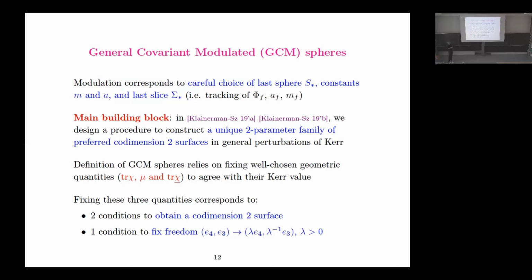For a codimension 2 sphere, you should expect 2 conditions. But there is a third condition which has to do with the specific setting which uses null frames. There is always a freedom: when you have a null frame, you can always cook a new null frame simply by rescaling it by a parameter lambda, and this will still be a null pair. So I need to fix this freedom, and this is the role of my third quantity.